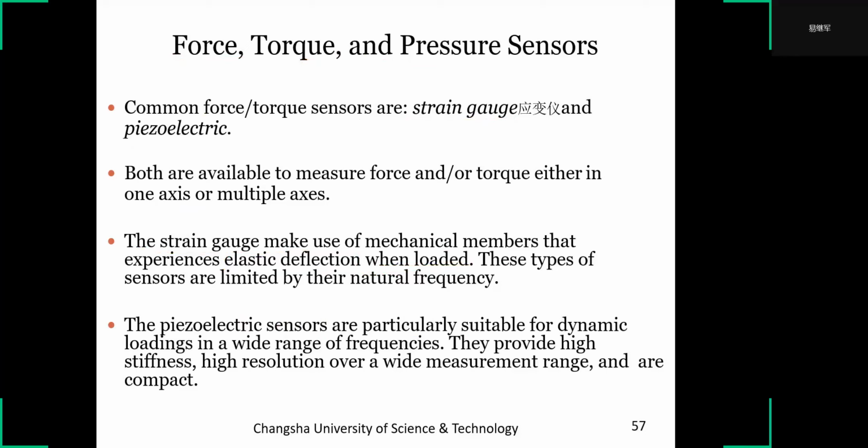Strain gauges are limited by their natural frequency. Piezoelectric sensors are suitable for a very wide frequency range.